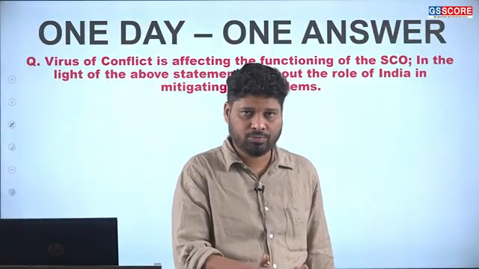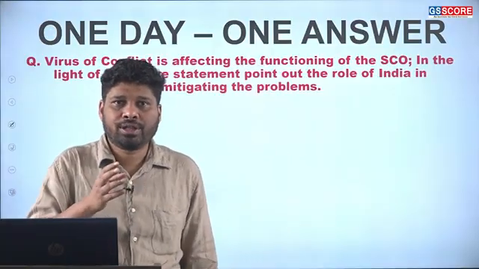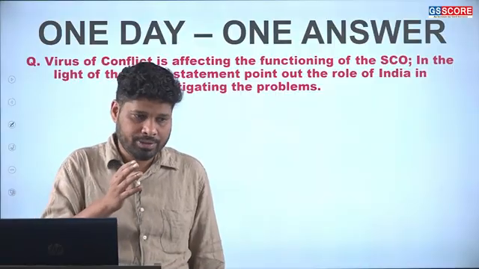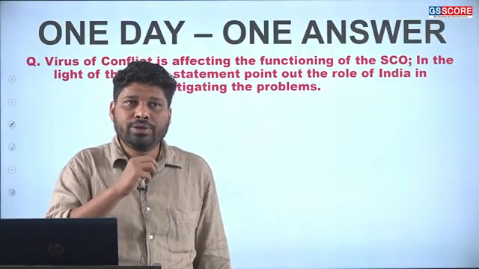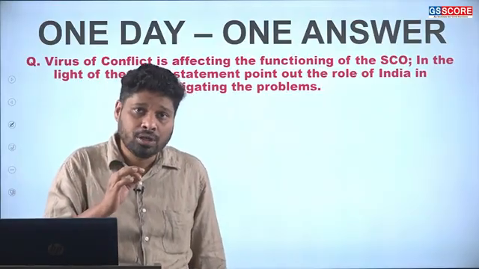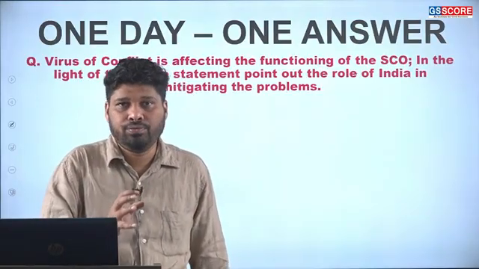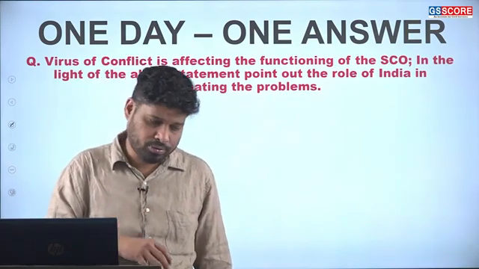The way in which they have framed the question, they have taken you towards knowing what the problems related to it are, and they have asked what India can do with respect to those problems.